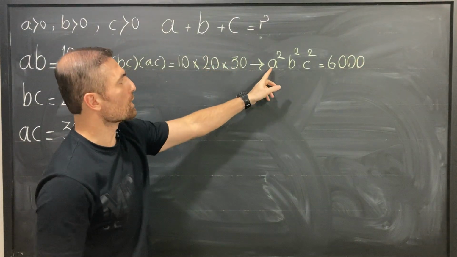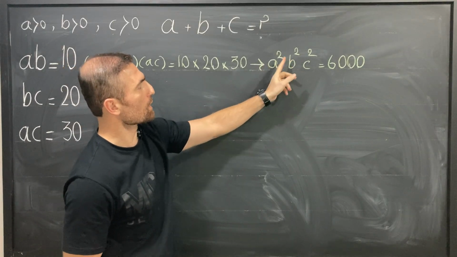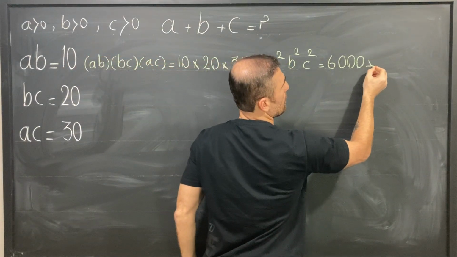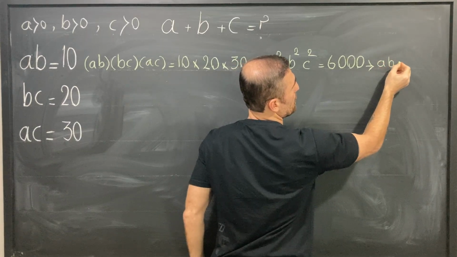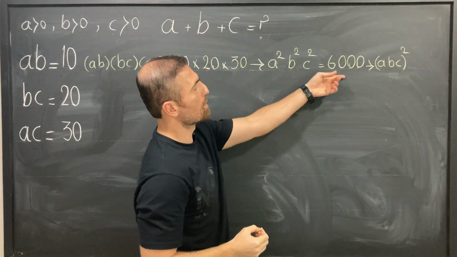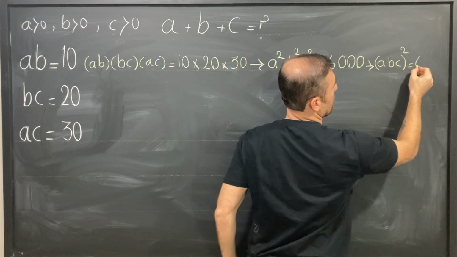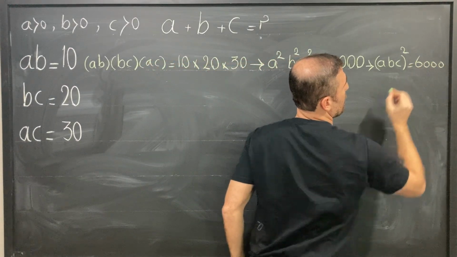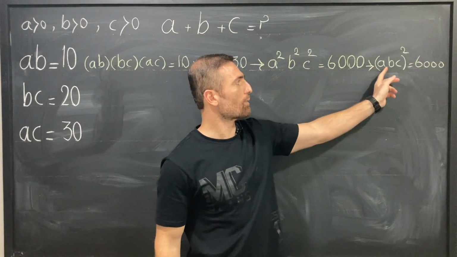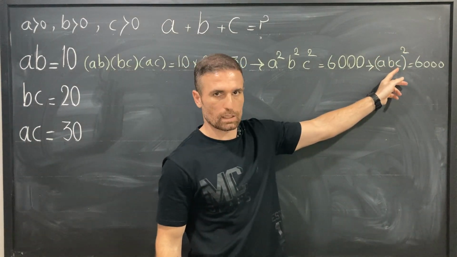Next, what is a squared, b squared, c squared? a squared, b squared, c squared can be written as (abc) squared, right? 6,000. Now, (abc) squared is 6,000. What is the value of a times b times c?